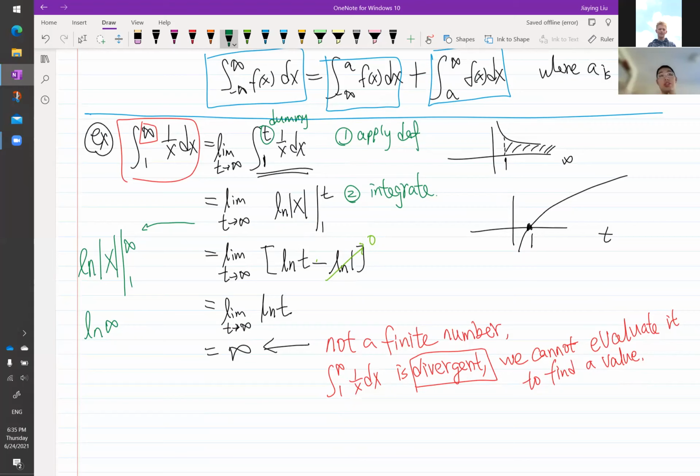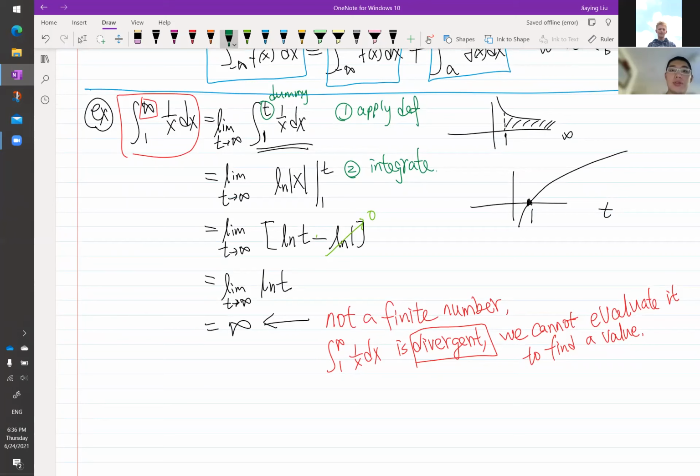It's not a fixed number; it's a number that changes. That's why we have to use the limit there, because we cannot plug in infinity directly. But you can think of t as representing the number that goes to infinity. That's what t is.